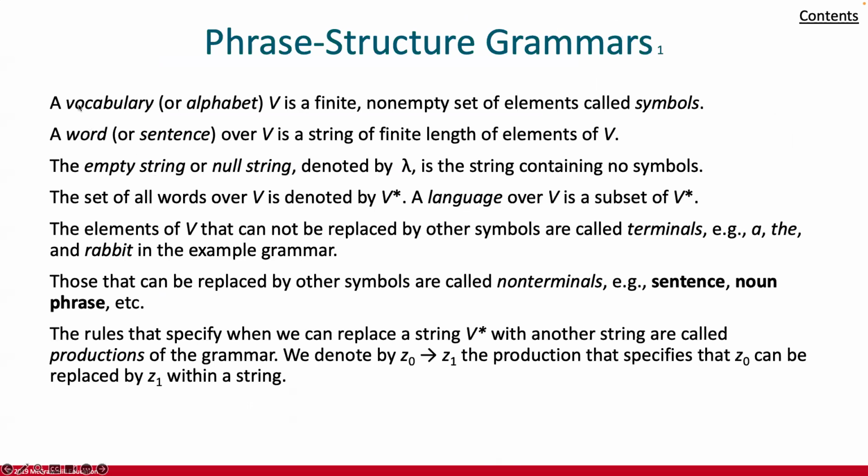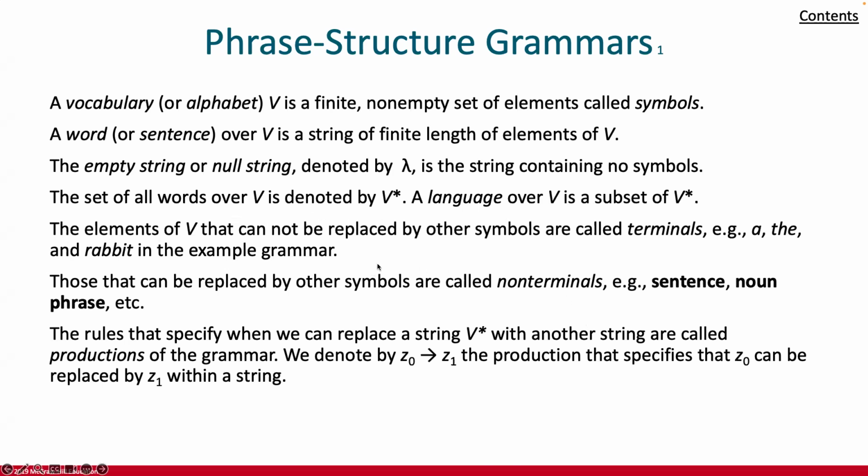A word, or a sentence over V, is a string of finite length of elements of V. So you have symbols that are used in the vocabulary, and those form words, and those words form sentences. The empty string or null string, denoted by lambda, is a string containing no symbols. The set of all words over V is denoted by V star. A language over V is a subset of V star.